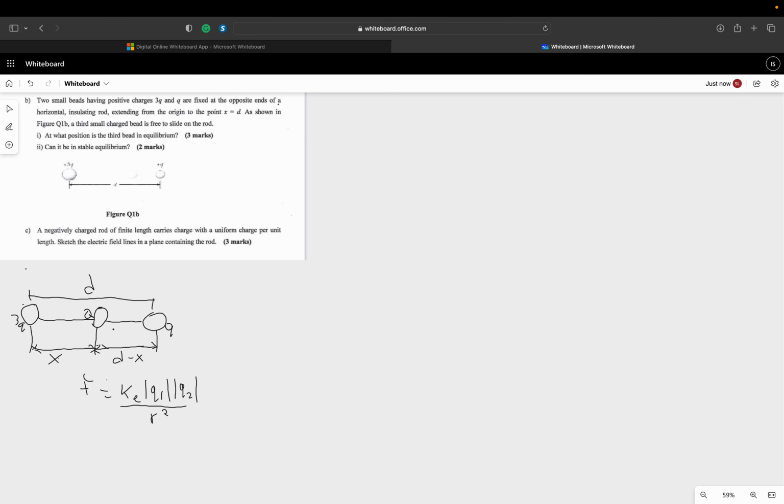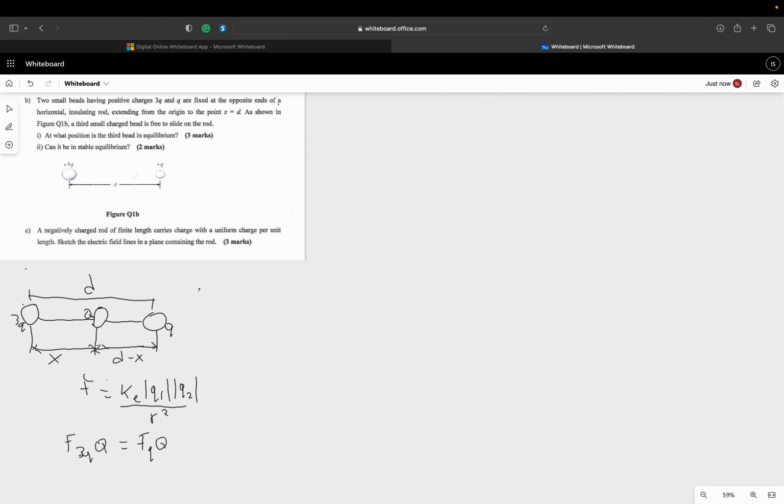And for the third charge, capital Q, to be at equilibrium between 3Q and small q, F of 3Q capital Q should be equal to F of small q capital Q.